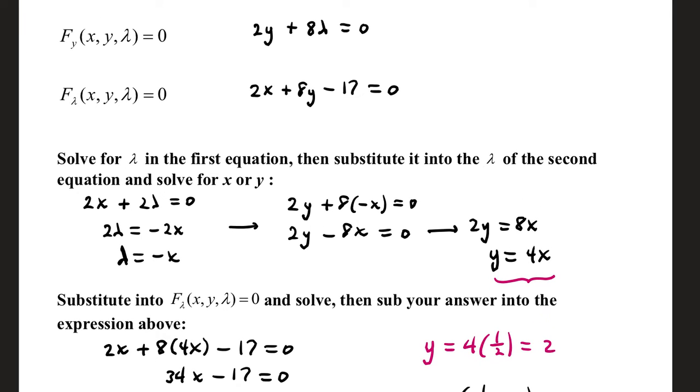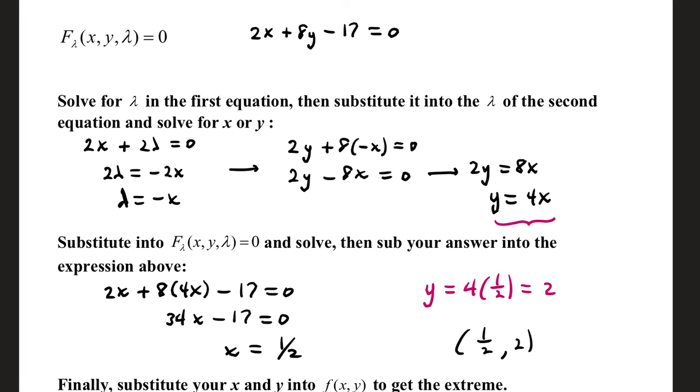Now, go back into your capital F of lambda like we did on the last problem, this equation right here, and substitute in your y as a 4x. So we're going to get 2x plus 8y, the y trades out for 4x, minus 17 equals 0.